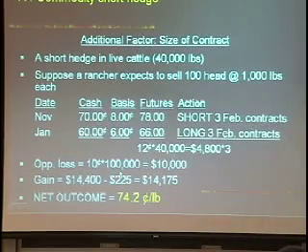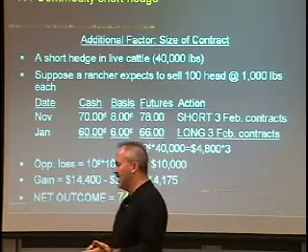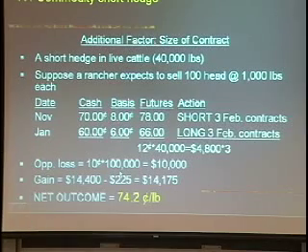So in order to calculate the final outcome, you must account for the cash transaction, and if there's a futures profit, then you'd want to add that if you're a short hedger. If you're a long hedger, you want to subtract it. Here we add it to the price we receive for the cattle. So what's the total amount of money that you end up with at the end of the day? Well, you know that it's $74,000 and change.